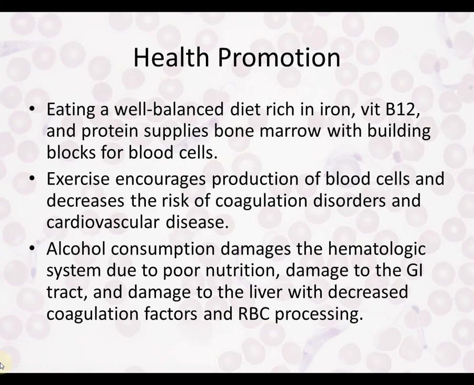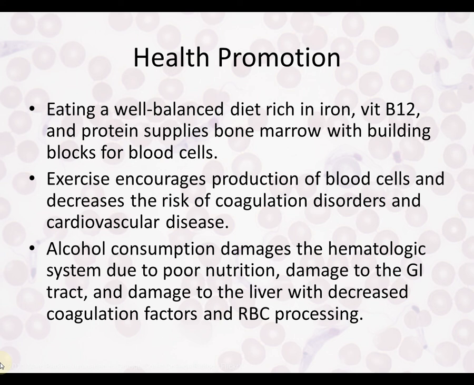Like I said, eating that well-balanced diet that's rich in iron, B12, and protein ensures that the requisite building blocks of blood cells are there. Exercise is critical for maintaining a healthy hematologic system, both because it encourages production of blood cells from the marrow and because it reduces the risk of cardiovascular disease.